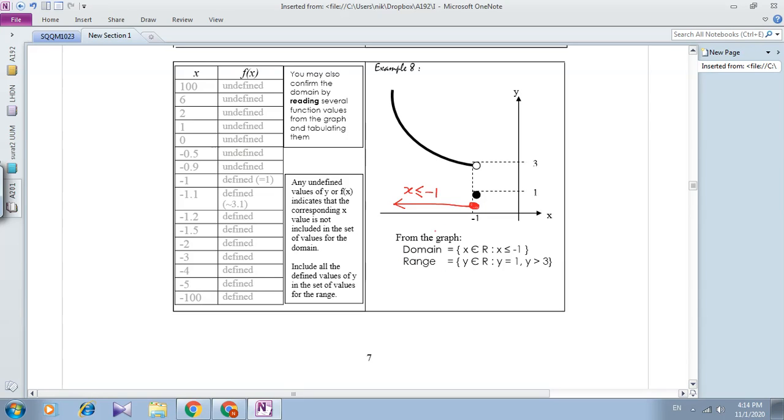But for the range, basically we will write y equals 1, and another range will be y greater than 3, because for the top graph we can only consider any value greater than 3 but not 3. That's why you have both values on the range.